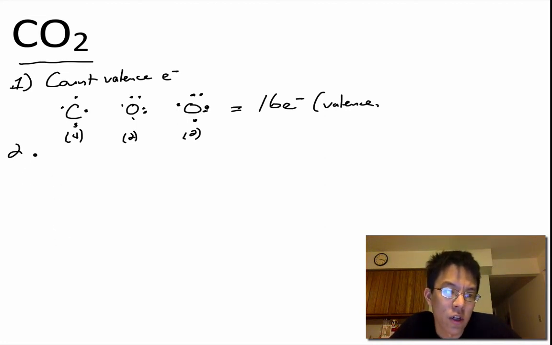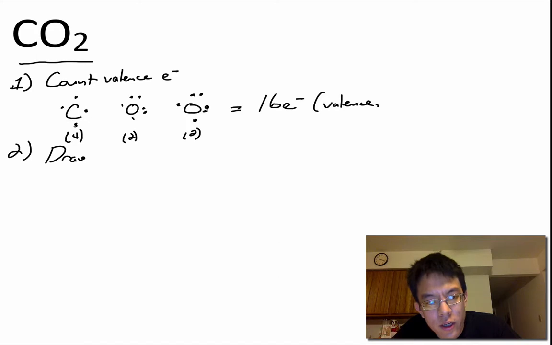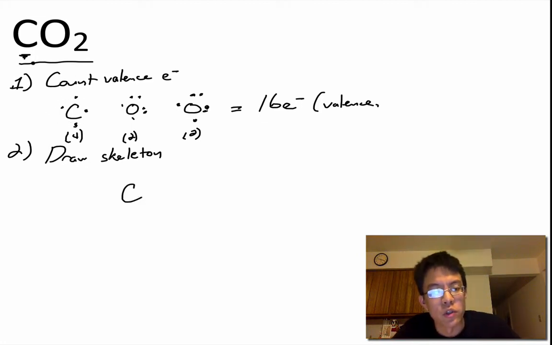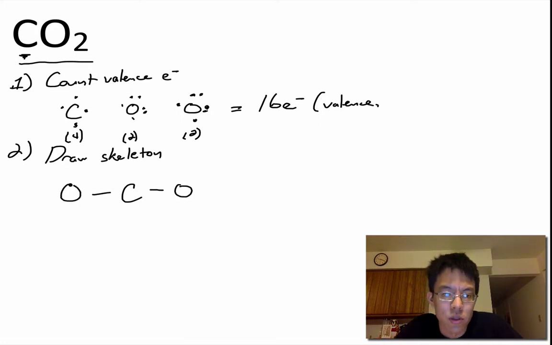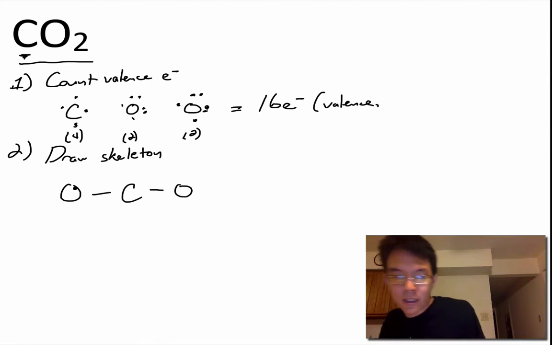But that doesn't necessarily have to be true, but that's what I'm going to assume for now. And now I'm ready to draw the skeletal structure. C is my first atom, and it can bond with 4 things, so it's probably okay to assume that goes in the center. And to draw my skeletal structure, I'm just going to connect it to the 2 other O's. So I figure, hey, that might not be a bad idea.